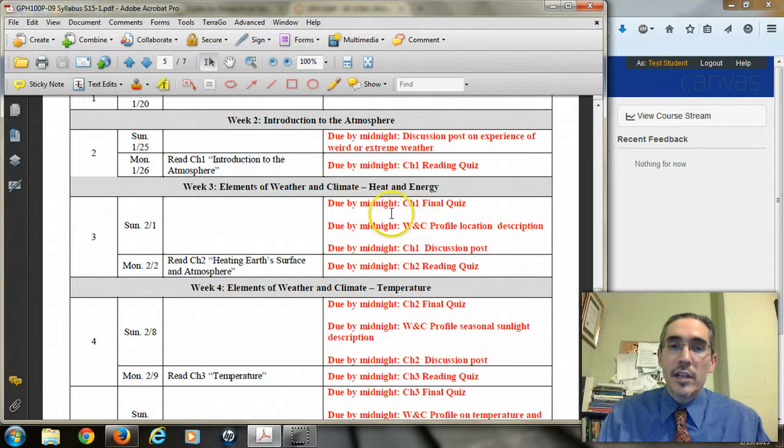In this case, the final quiz for that is on February 1st. It's due by midnight on that day, on Sunday night. Also due that night is your weather and climate profile, which parallels the chapter, so you're basically doing something that's relevant to the chapter for your assigned place, and I'll give you more details on that.